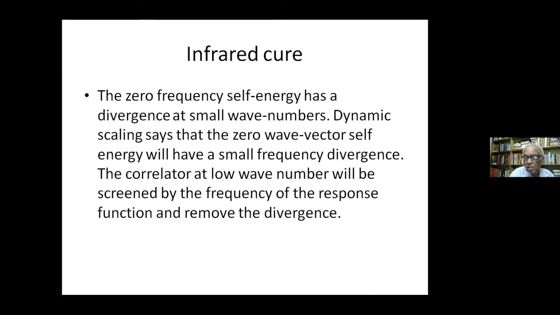If I look at the sigma, the self energy, it has to have a k as well as an omega dependence, and the self energy diverges at small k. So the correlator at low wave number gets screened by the frequency of the response function.